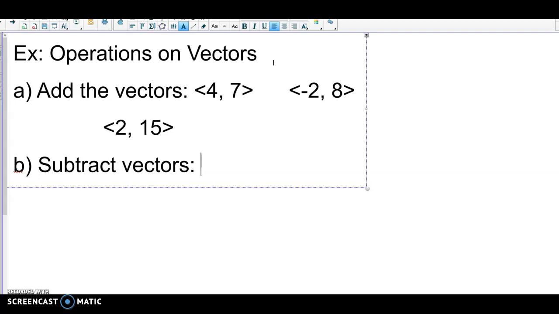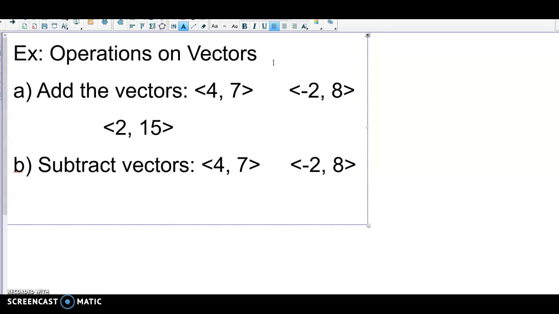However, they want you to do it in a, I don't want to say goofy way, but they want you to do this in terms of adding the inverse. So what they really want you to do is take 4, 7, which would be our first one, plus the inverse, which would be 2, -8.